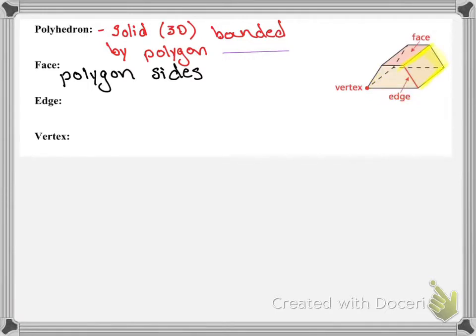This polygon here, which is a rectangle, is a face. If we count the faces, it's got the one in front, the one in back, and then 1, 2, 3, 4 around the outside. So this picture right here has 6 faces.